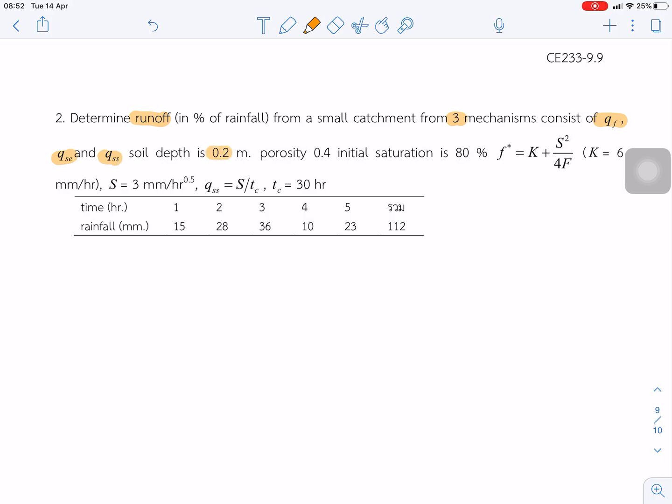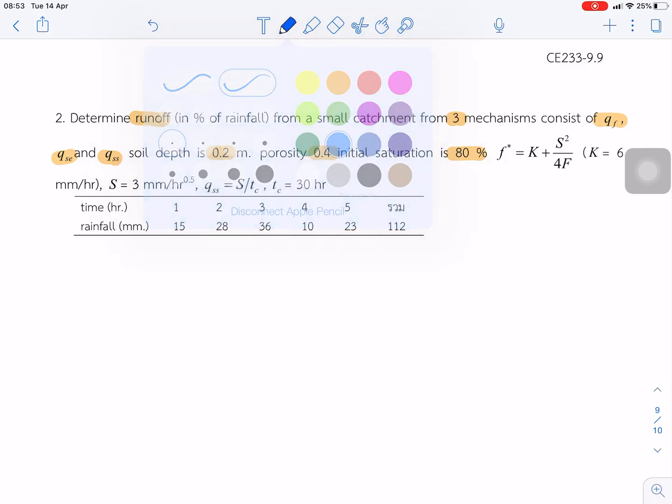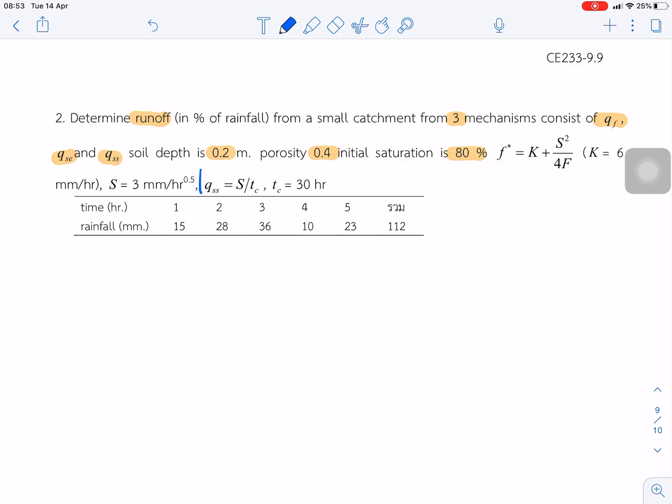The depth of the soil is 2.2, the porosity is 0.4, and the initial saturation is 80%. For F star, we use the same F star, and QS is a function of the TC and soil rate.